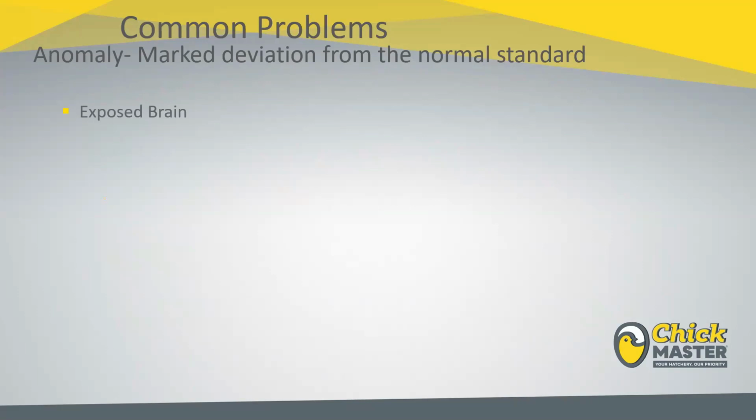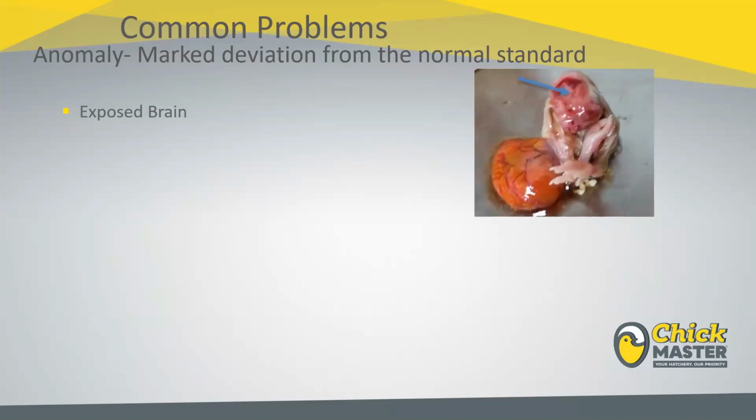Without identifying the anomaly, we may try to fix late stage problems and not recognize that maybe overheating in the very early stages of incubation is really what's causing the problem. So by identifying the anomaly, or beginning to look for that, it helps us fix even other problems before we have the late deads. So an exposed brain is very common with an anomaly.